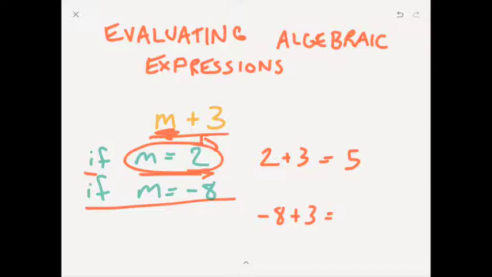When I'm combining a negative and a positive, they cancel out up to a point, and I'm going to be left with negative 5 because negative 8 was the larger value to start with, and they have a difference of 5. So that m plus 3 would evaluate to negative 5 if m is negative 8. So that's basically how evaluating expressions works.